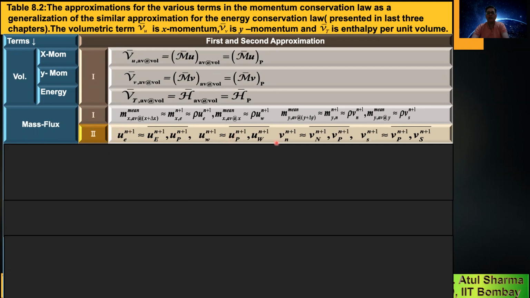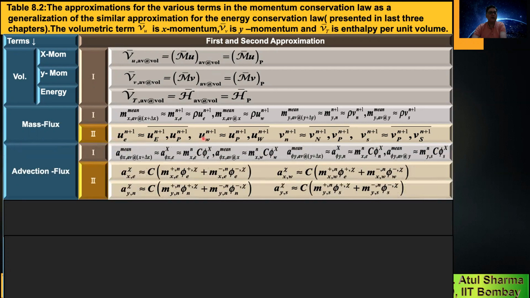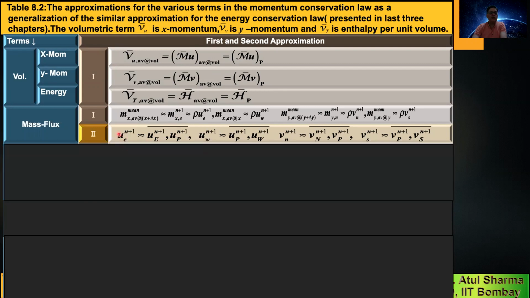Similarly for the other surfaces of the control volume. So note that the second approximation for conduction flux was the central difference scheme. For enthalpy flux, it was an advection scheme. And the second approximation for mass flux is a linear interpolation for calculating the velocity at the surfaces. You can consider this calculation similar to a central difference advection scheme.